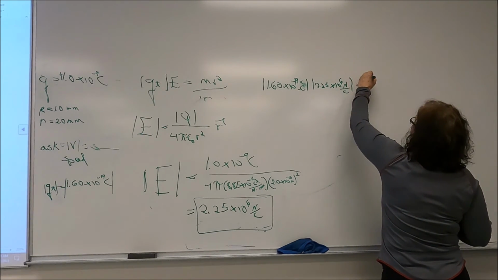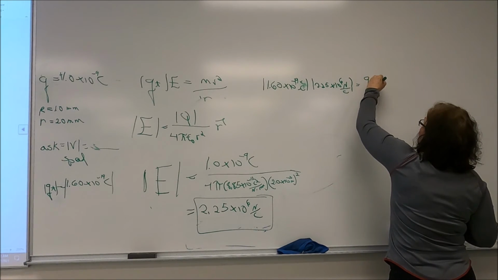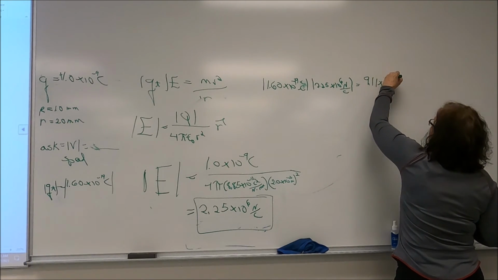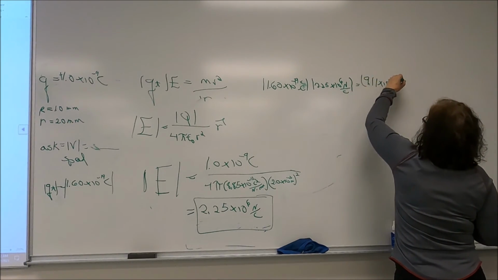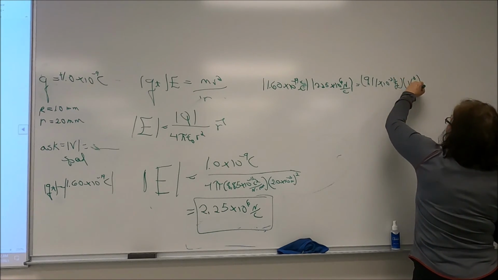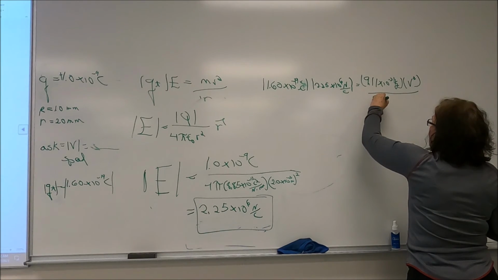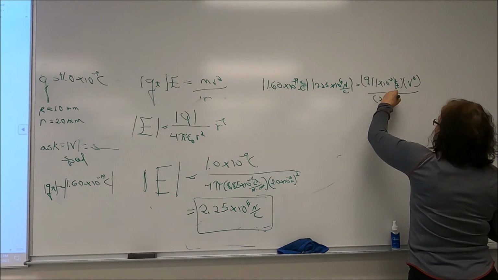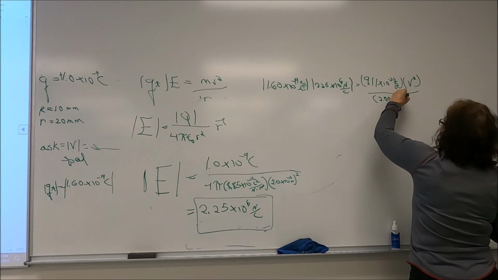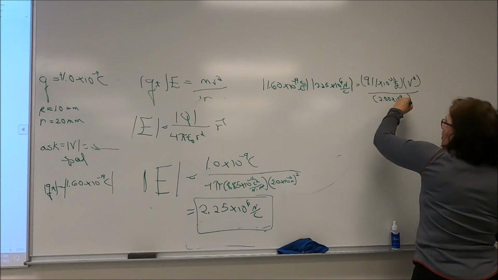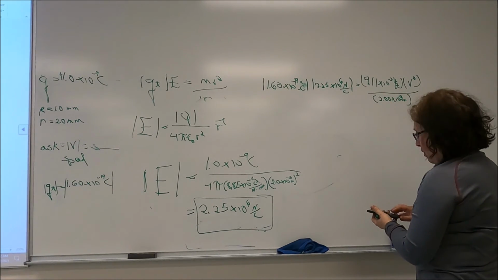And that has to equal the mass of the electron, 9.11 times 10 to the minus 31 kilograms, times v squared over r, which is 2.00 times 10 to the minus 3 meters.